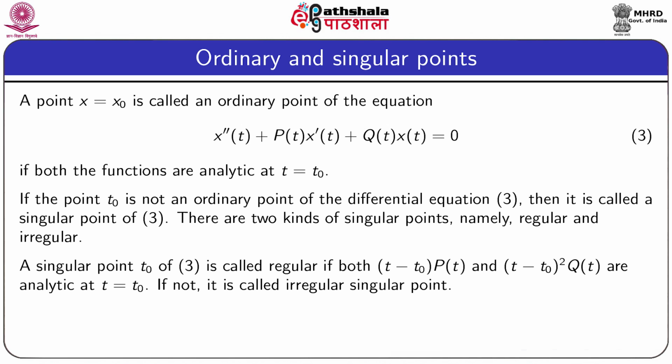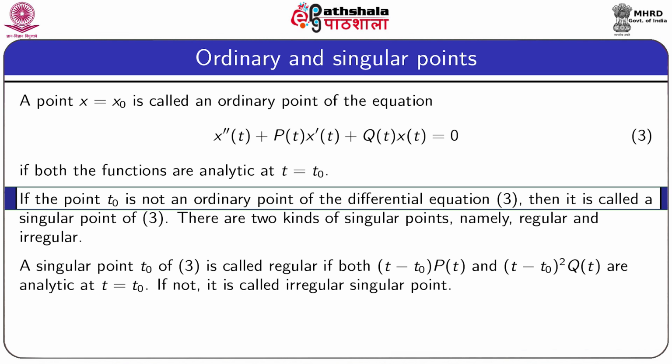Next, we define what is a singular point and what is an ordinary point of a second order differential equation. A point t equal to t0 is called an ordinary point of the equation x double dash t plus p(t) into x dash t plus q(t) into x(t) equal to 0 if both the functions p(t) and q(t) are analytic at the point t equal to t0.